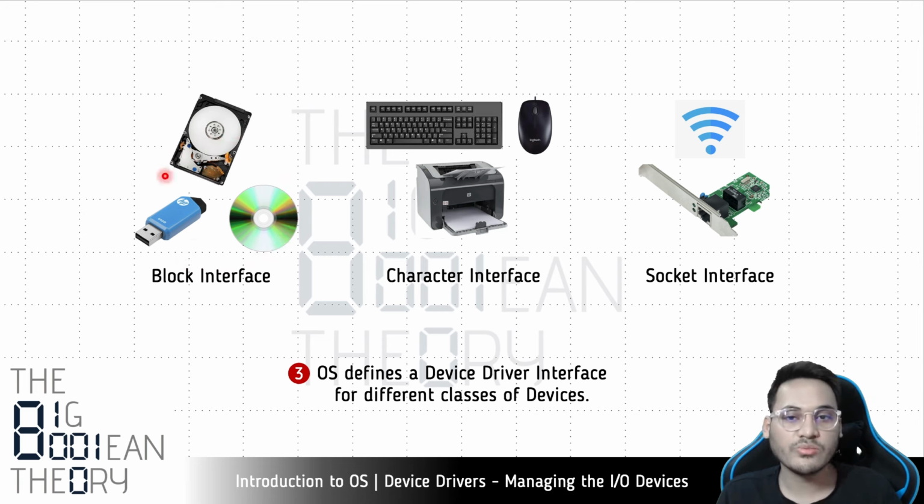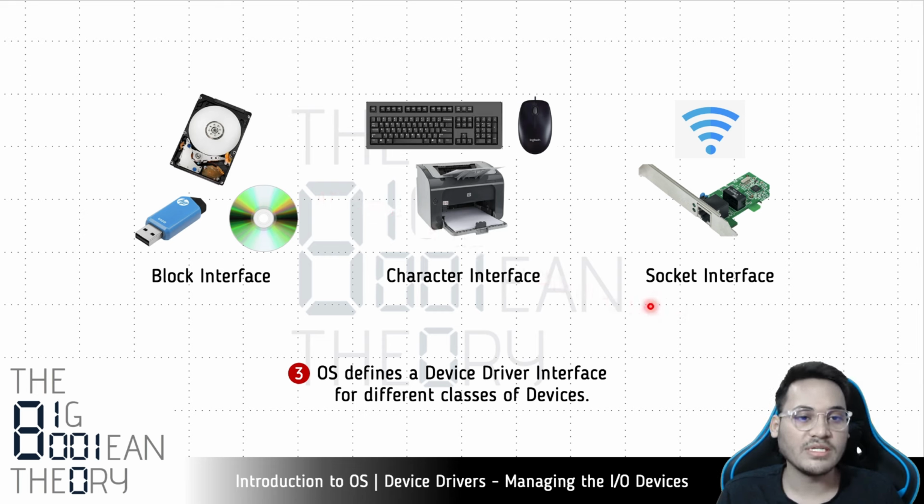So this was the first major class of IO devices. Then we have the character interface devices, which send and receive data as a sequence of characters. Here we have examples, that is keyboard, mouse, printer. These are all devices where the communication happens as a stream of characters. So they are another class of devices, different from the block interface devices.